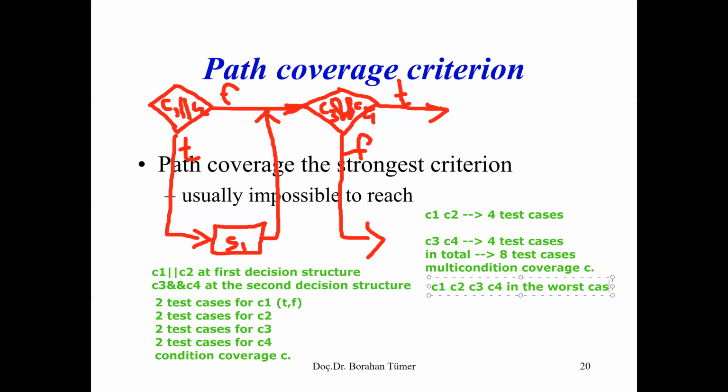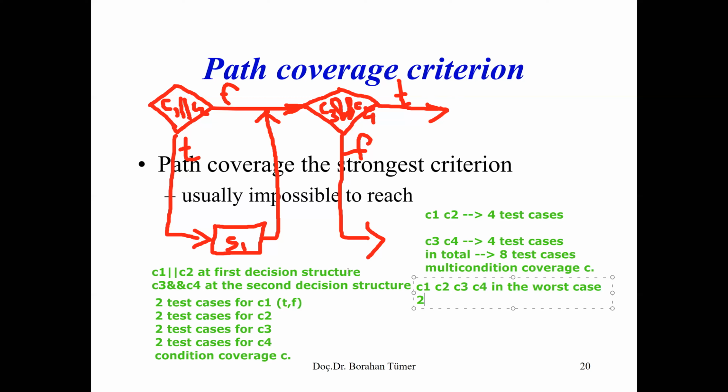But this is in the worst case, not looking at this control flow graph. Okay, in the worst case, we may have four.